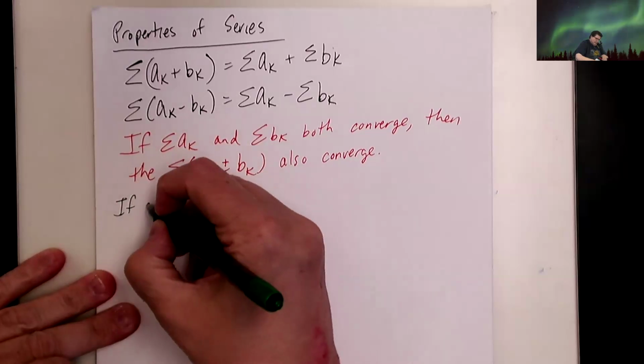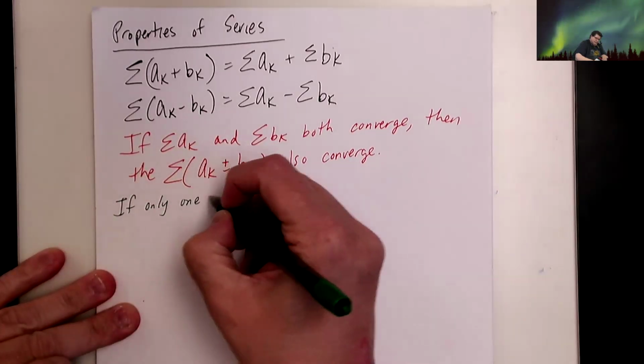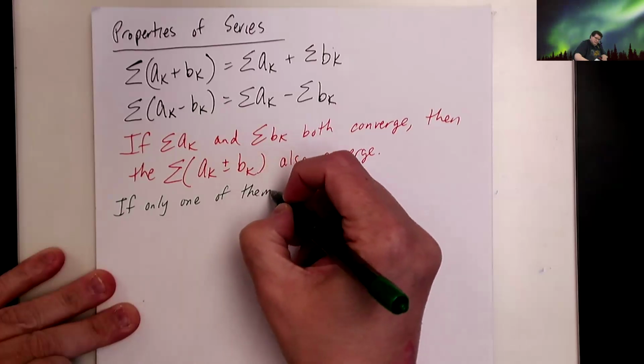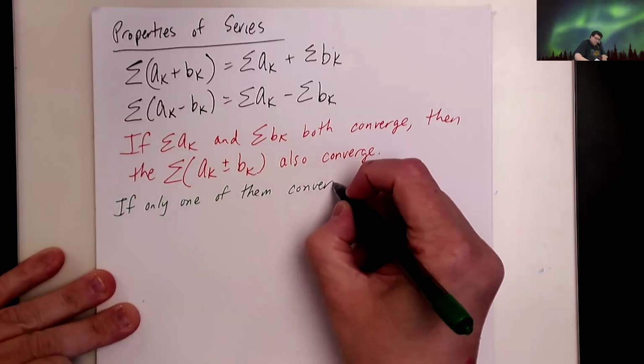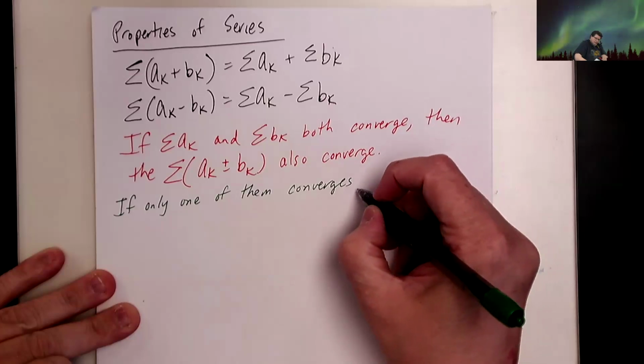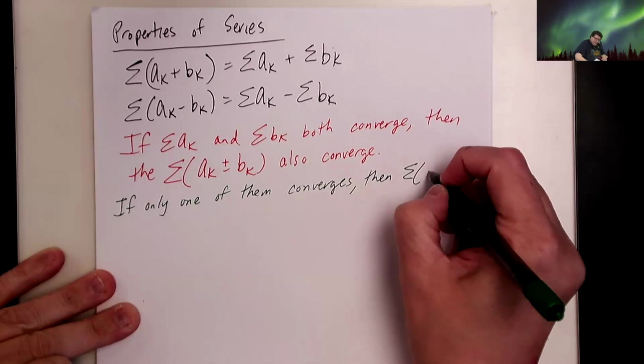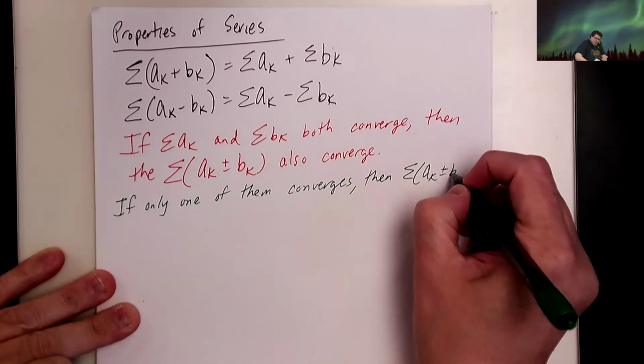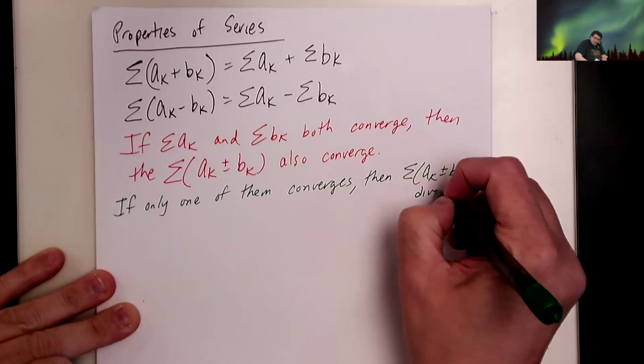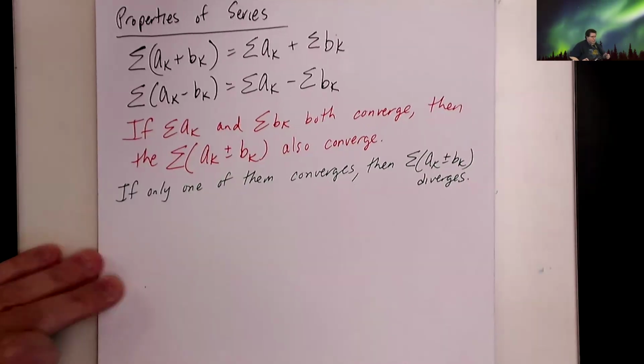If only one of them converges, then the sum of A sub k plus or minus B sub k diverges, because we've got one divergent series there.